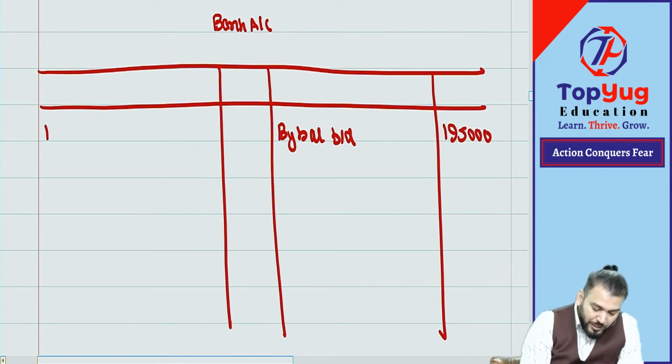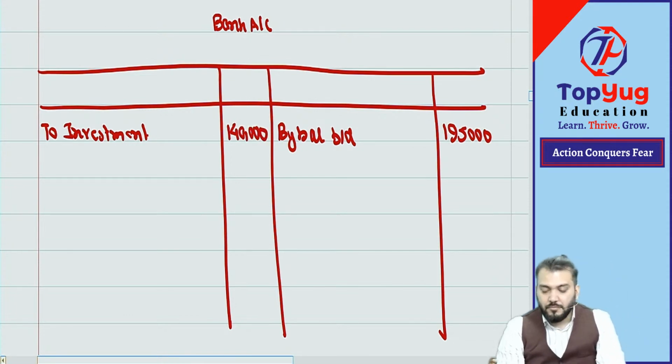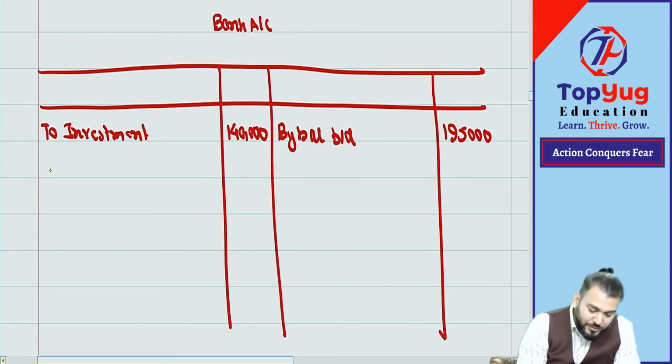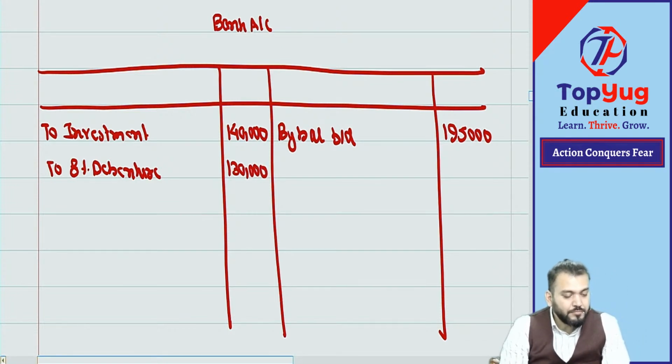Investment sold. But it was sold at what rupees? So 1,40,000 will come. Then what? Debentures. Additional cash received from 8% debenture, 1,30,000.